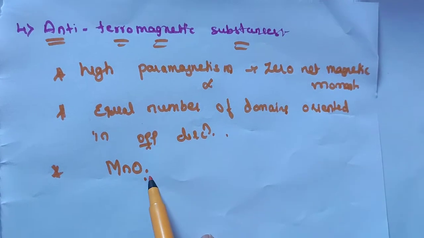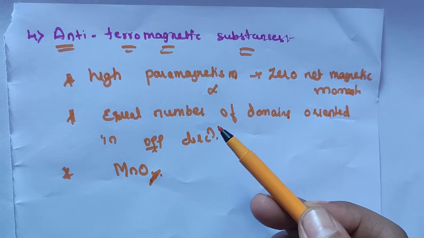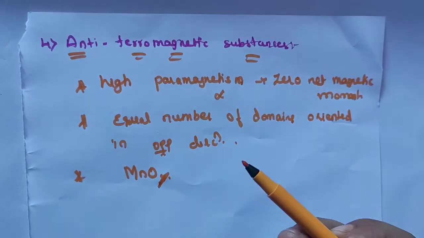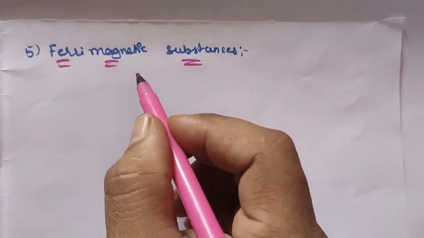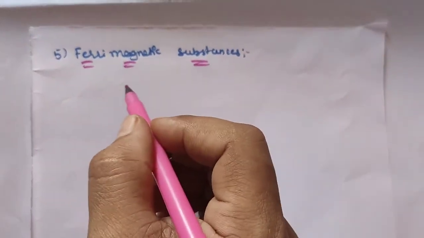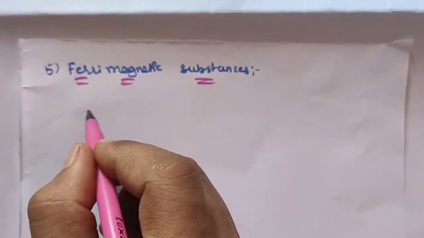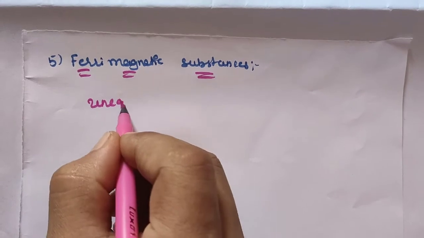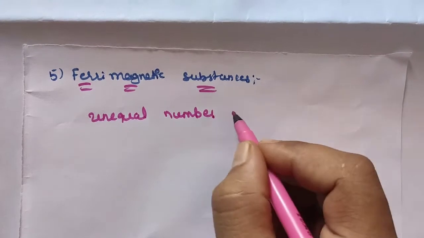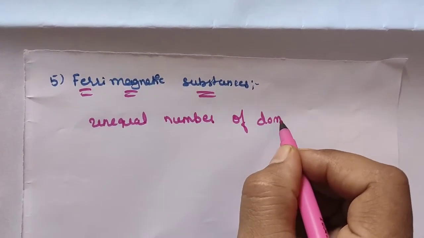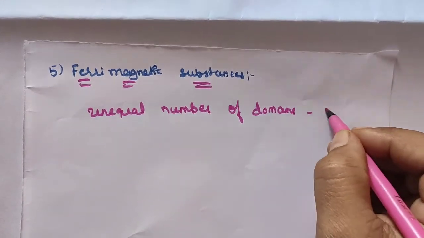So, for example, manganese oxide. Now the fifth and last type of substances is known as ferrimagnetic substances. Here these substances possess an unequal number of domains oriented in opposite directions.